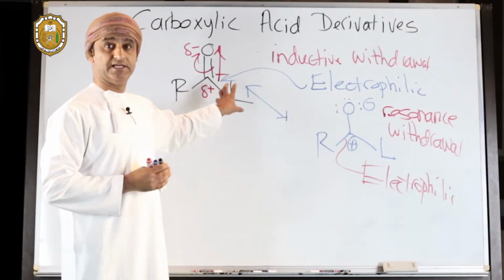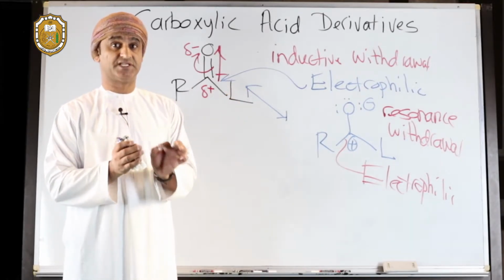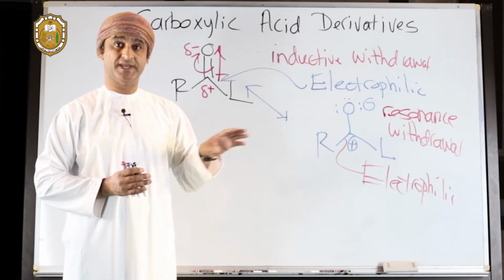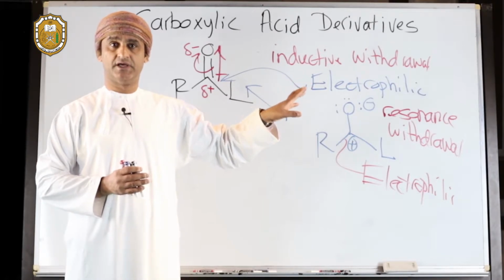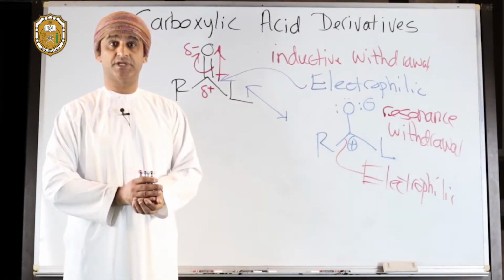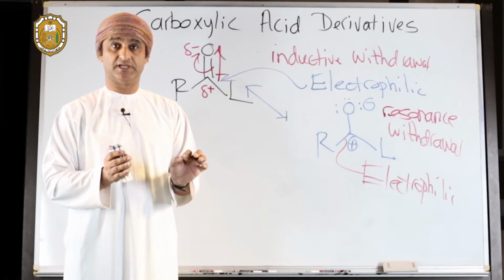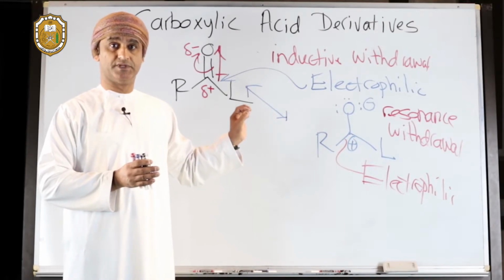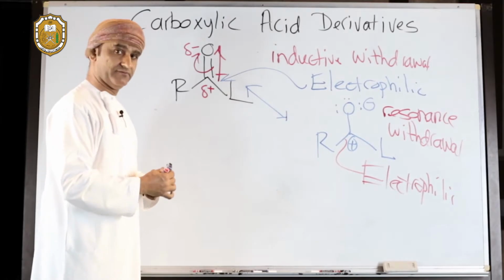Now L is a leaving group, or at least a potential leaving group, and that's a significant difference between carboxylic acid derivatives on one hand and aldehydes and ketones on the other. All of these carbonyl compounds undergo an initial nucleophilic addition step, but carboxylic acid derivatives take another step, as we will see very shortly.